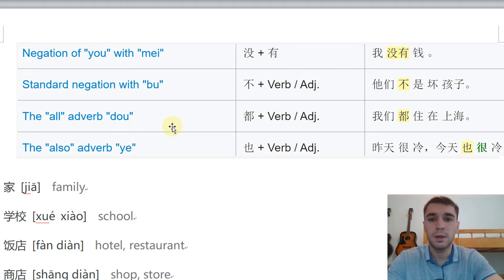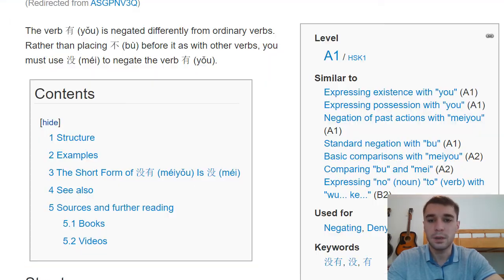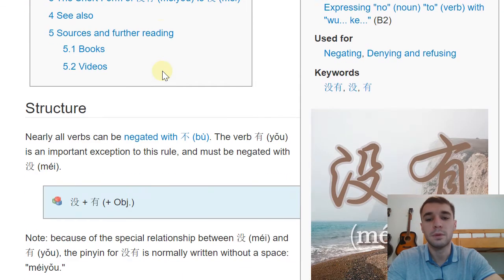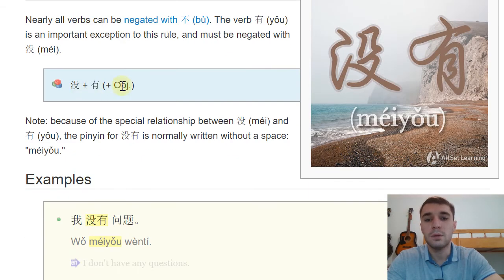Now let's talk about 没有 again, right? Let's read some examples here. So the verb 有 is negated differently from ordinary verbs, as I said before. Rather than placing 不 before it as with other verbs, you must use 没 to negate the verb. So 没有 object, I don't have something.